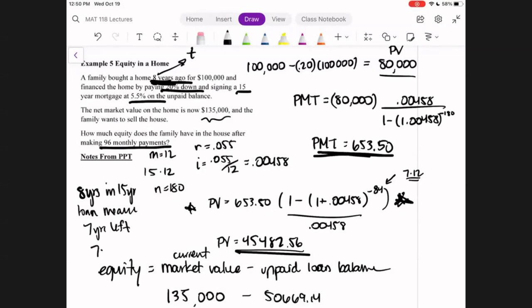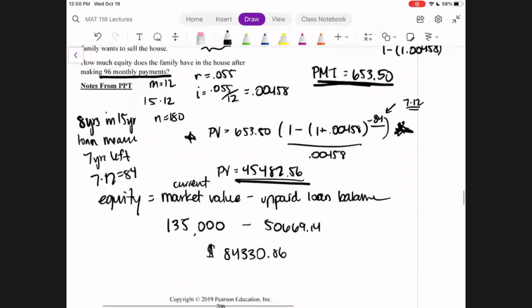So then 7 times the 12 would give you the 84. And that's the number that needs to go there. So I do apologize for that, but we're fixing it right now. And then we would just subtract it here. So I had the wrong number written down.